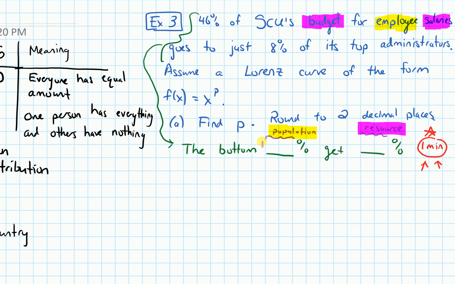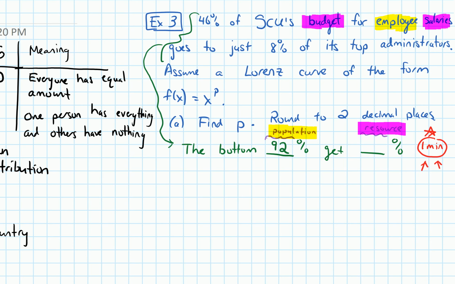Okay, so I need to describe the bottom what percent of the population first. So it's talking about the top 8% of administrators and them earning a lot of money. So top 8% corresponds to bottom 92%. It's really important that you understand where I got that from, because top 8% means we're talking about bottom 92%.